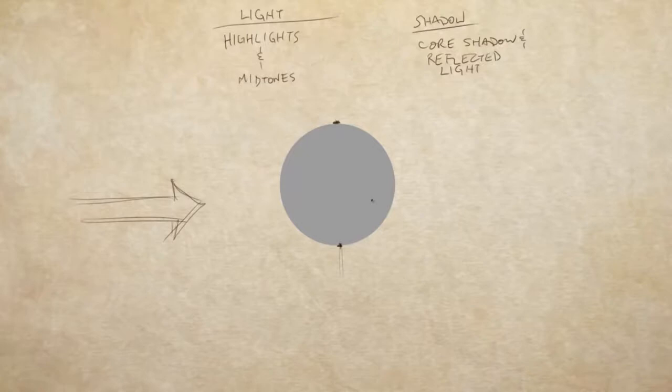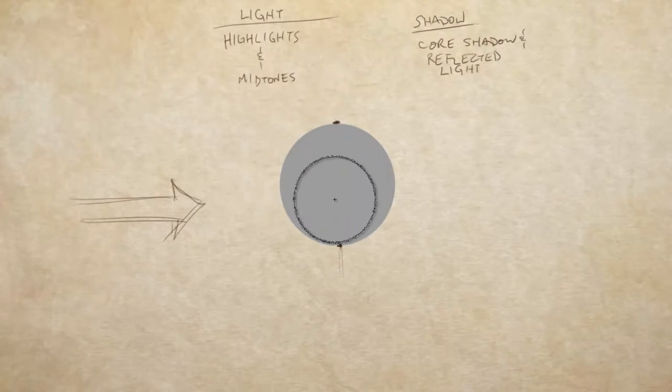Okay, so now let's combine these two and do a bit of shading. So I'm going to select a large soft brush, and let's see, how do I want to do this? Well, one thing I can actually do is just make the whole thing in shadow.